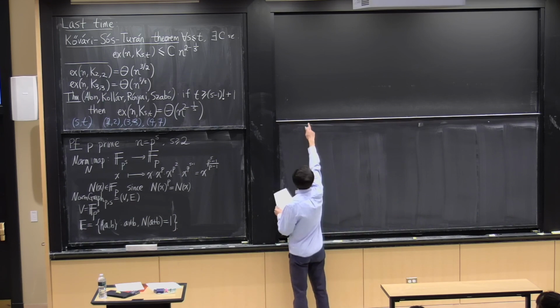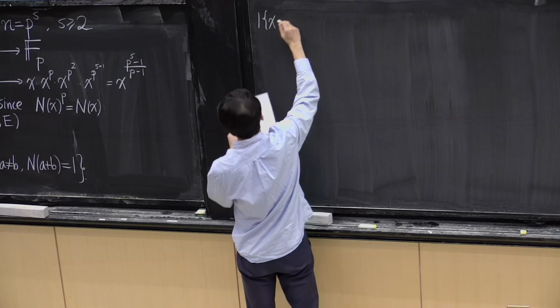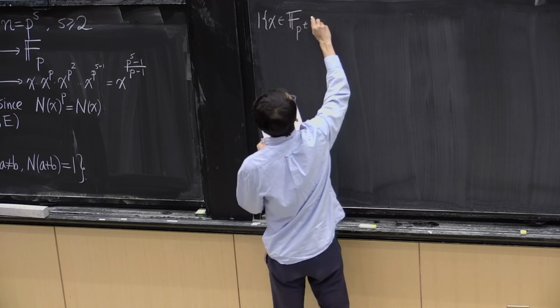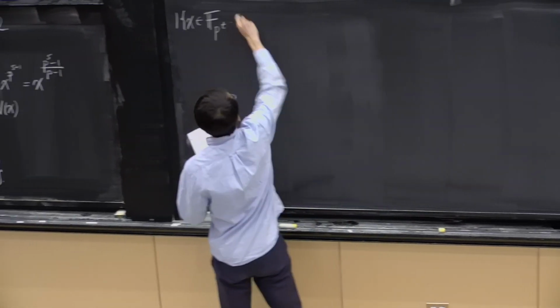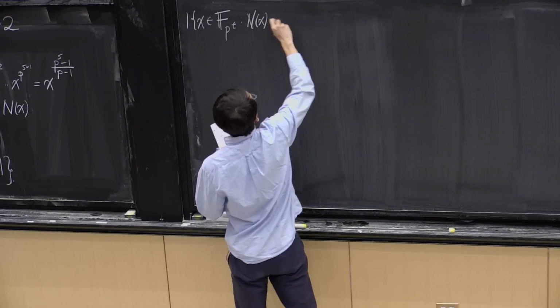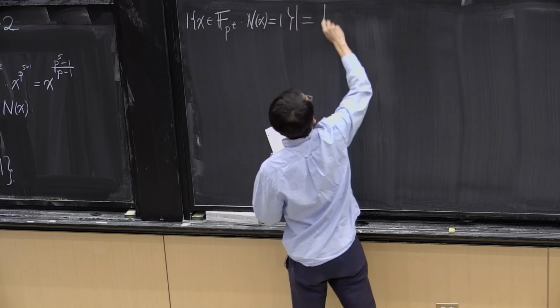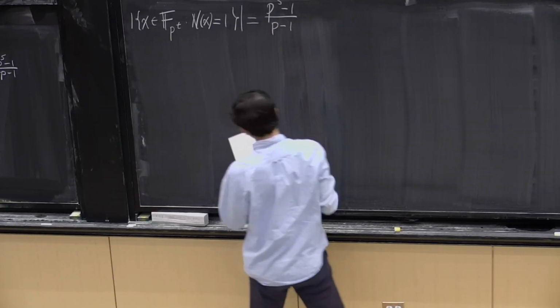And here's a basic algebra fact: the number of elements in this field extension with norm exactly 1 is precisely (p^s minus 1) divided by (p minus 1).